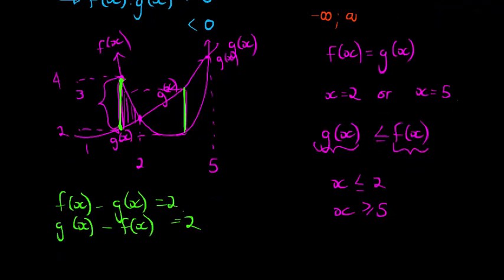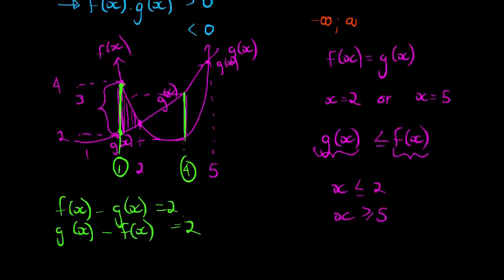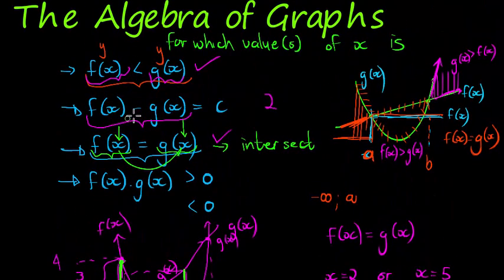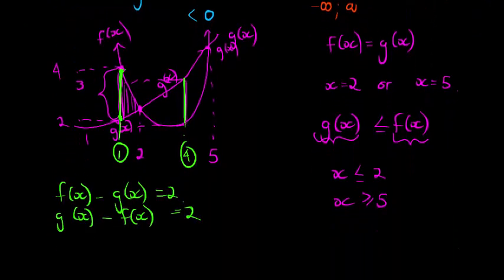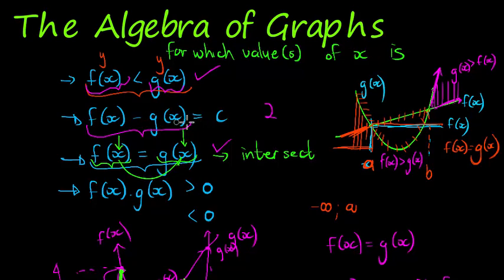So it depends on what they ask, and it will now depend on what these values are. Let's say that's the value x is equal to 1 and this is the value x is equal to 4. They're asking for where is f minus g equal to 2. Then I'm finding the distance. And which one must be on top, f or g? If my answer is 2, which one must be on top?